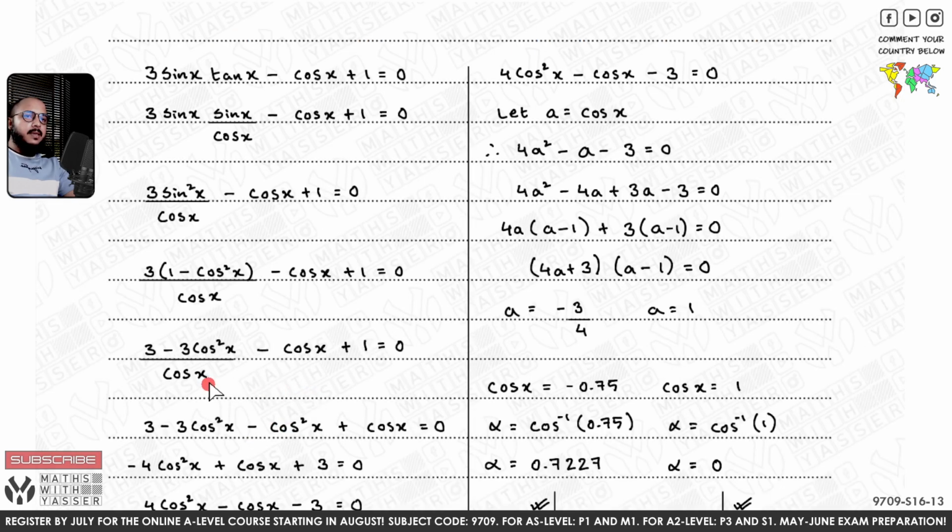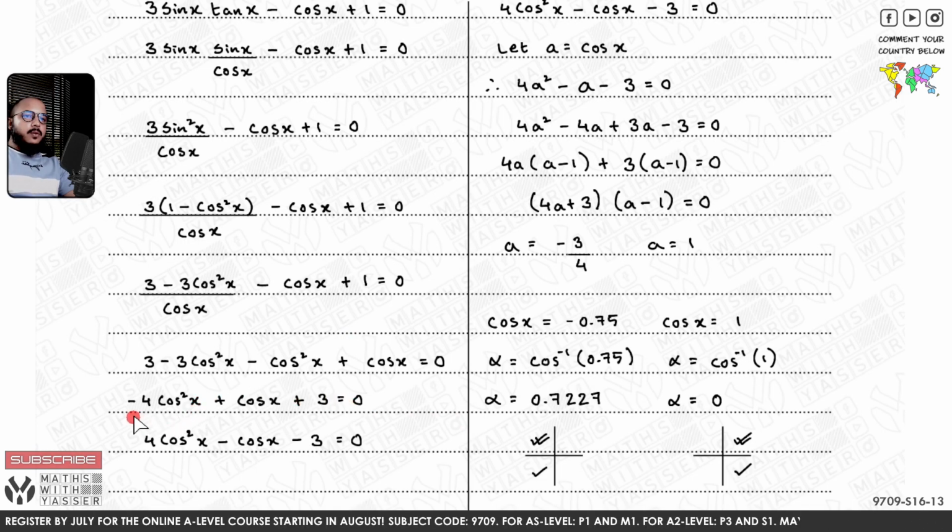Now if I do the LCM, I have to multiply cos x with this, and I will be leaving this the way it is because I already have the cos x in the denominator. So 3 minus 3 cos square x minus this will become cos square x, and this will become cos x equals 0. So negative 4 cos square x plus cos x plus 3 equals 0.